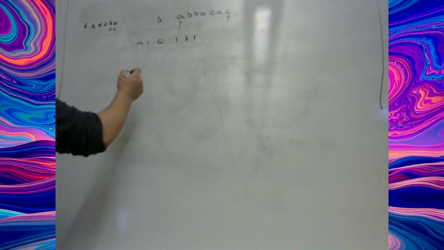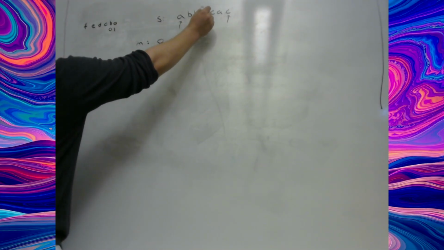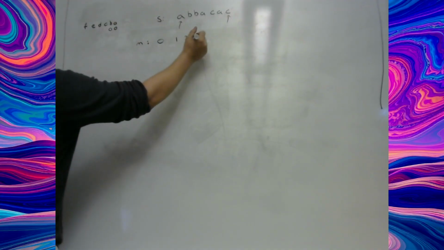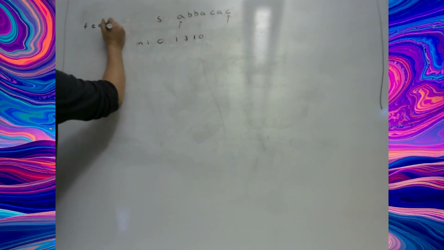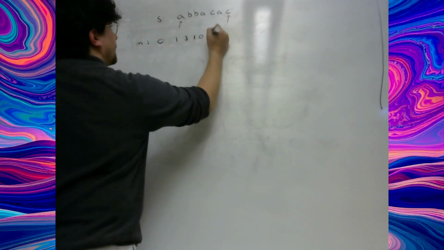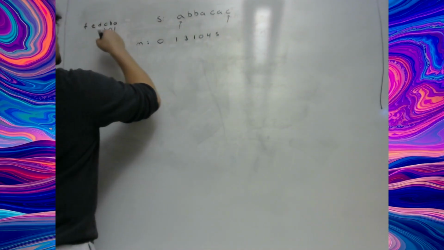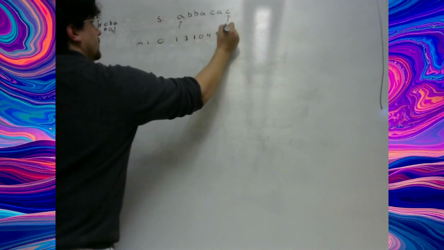So let's continue. So we started here. Let's add an A, right? So we're going to XOR 1 with A. That's going to bring us back to 0. We're going to have 0 here. C, boom, that brings us to 4. Add an A, that brings us to 5. Add another C, back to 1.